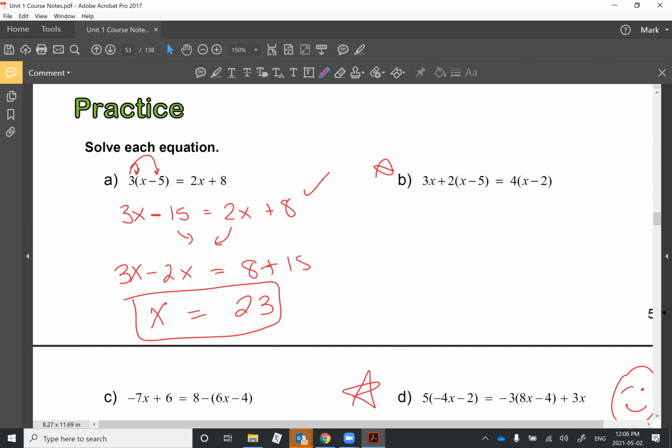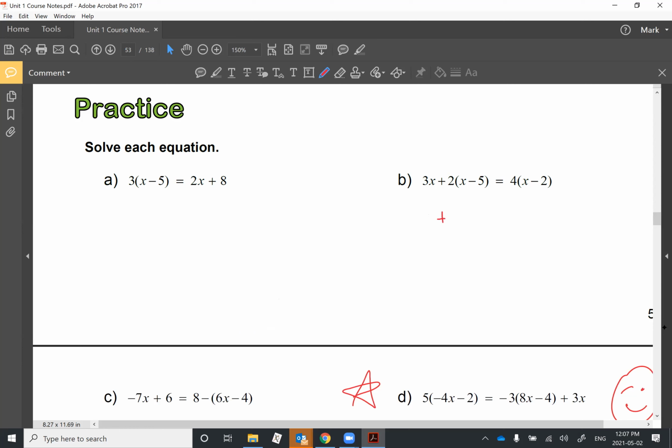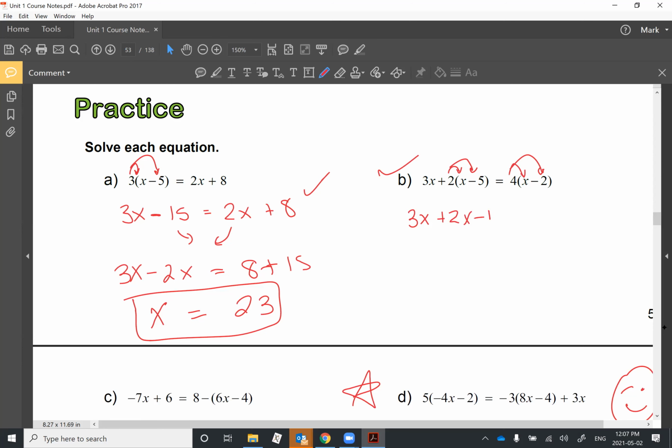For B, I want to do the distributive property again. I'm going to have to do this 2 times. Okay, so this ends up being 3x added to 2x minus 10 equals 4x minus 8. And then, of course, I move my x's and my numbers. Oops, sorry, I did that wrong.